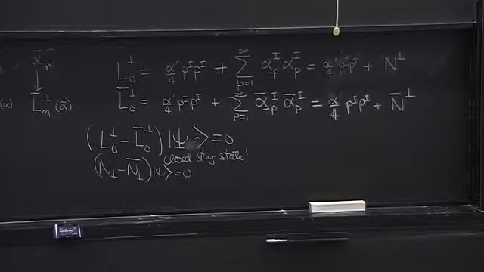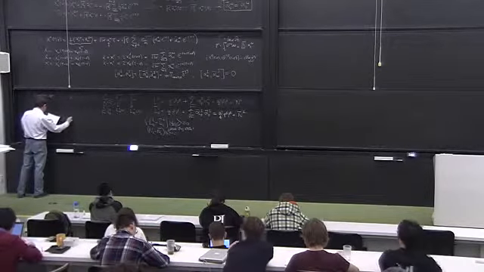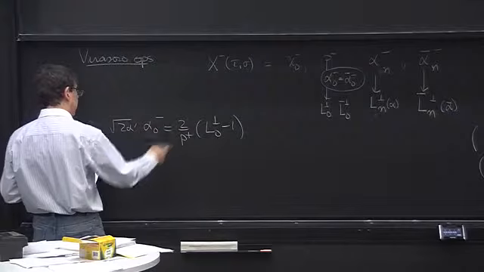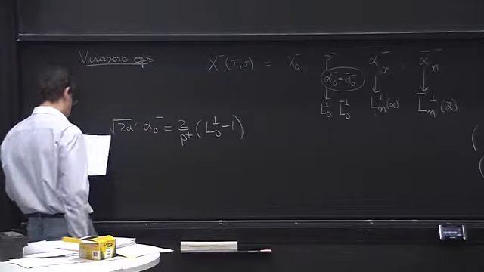So let me write it like this. Square root of 2 alpha prime alpha 0 minus is equal to 2 over p plus times L0 perp minus 1. And if you do the barred one, it's everything with barred.